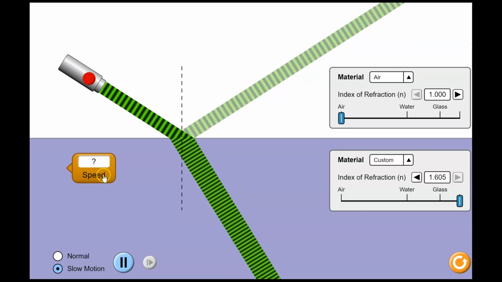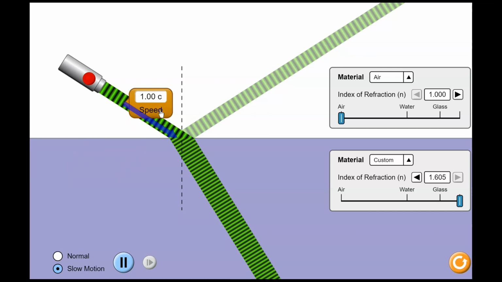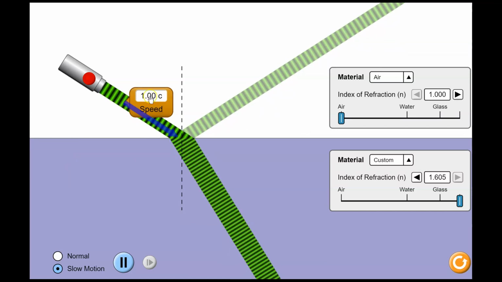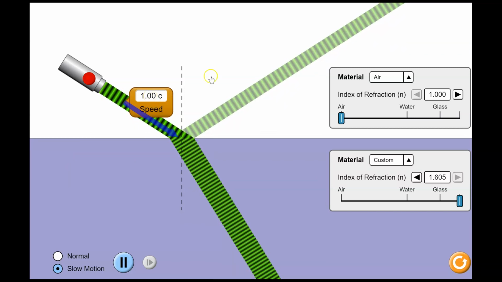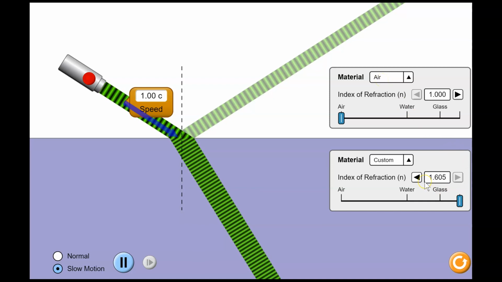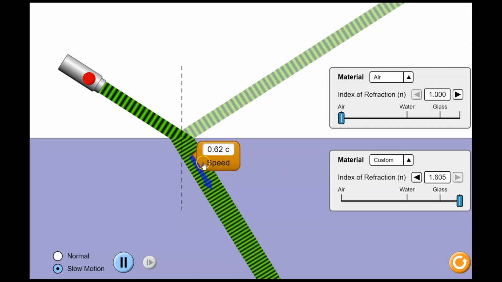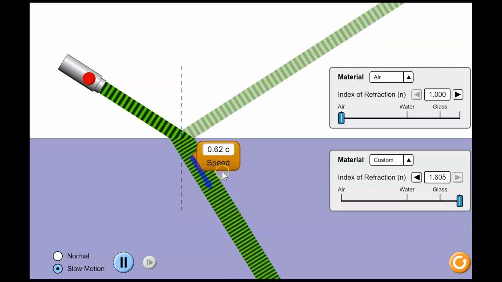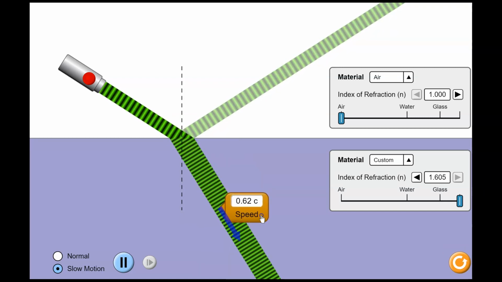So if I compare the speed of light here, note that that speed is moving at the speed of light because I'm dealing with the index of air. However, when I go down to a higher index of refraction, you can see that by comparison, the wave speed is slower. But at the same time, you could see the difference in the wavelength.